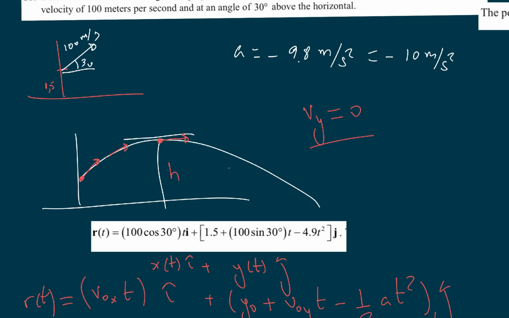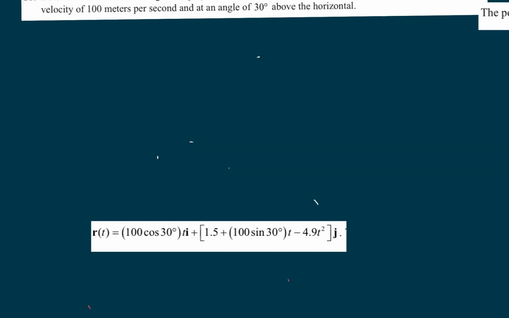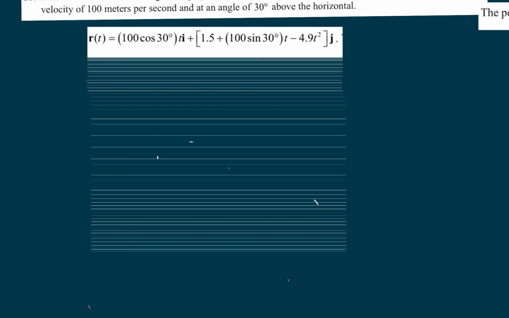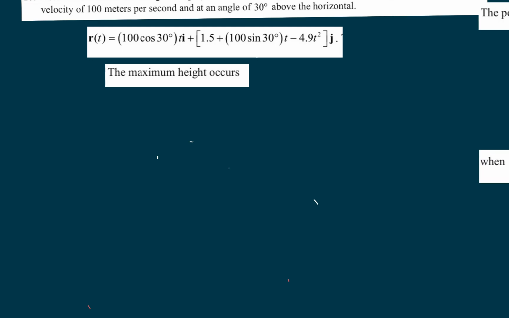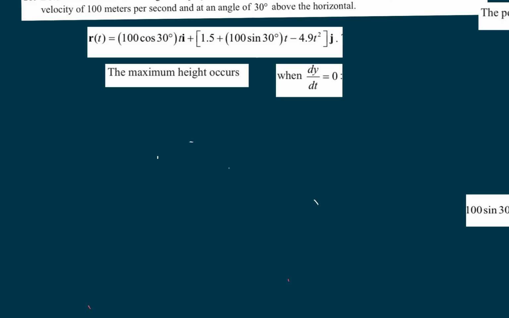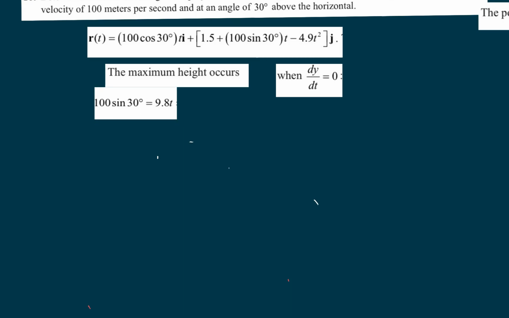So the maximum will occur when the derivative of y with respect to t is 0, and this happens when 100 sine of 30 is 9.8 times t.